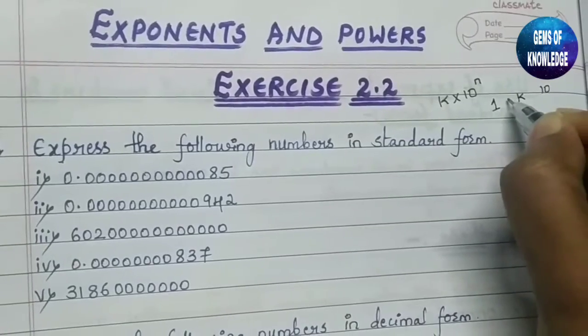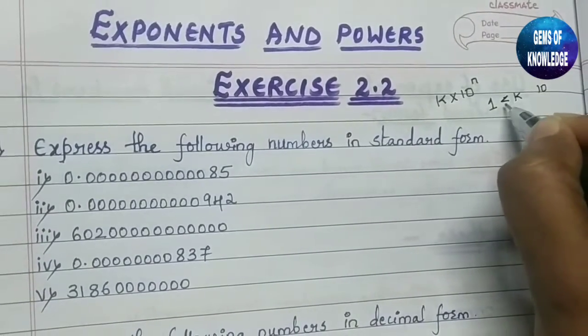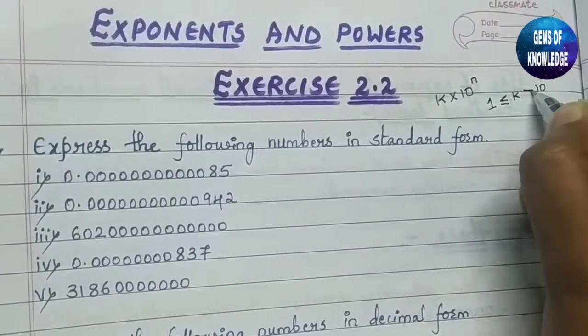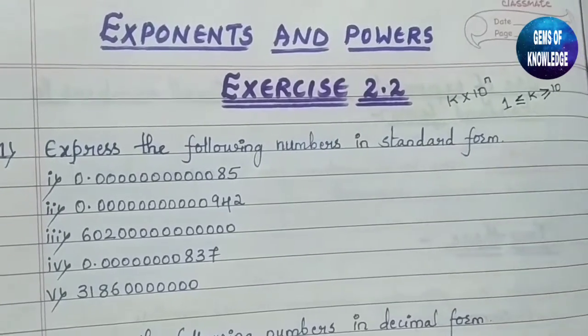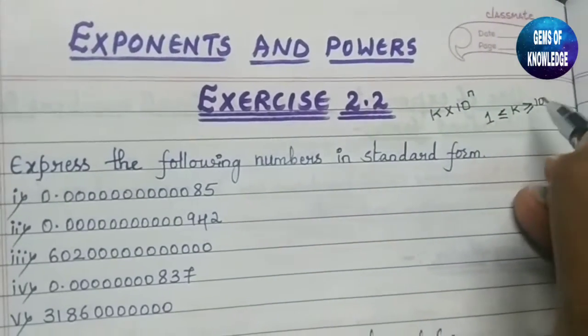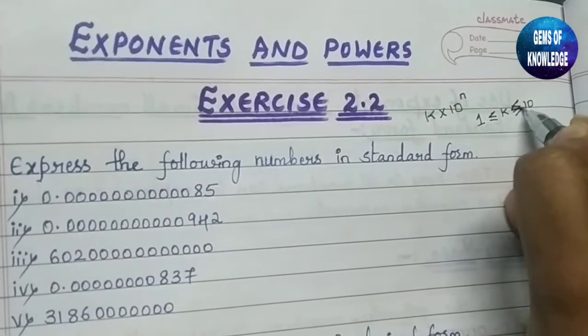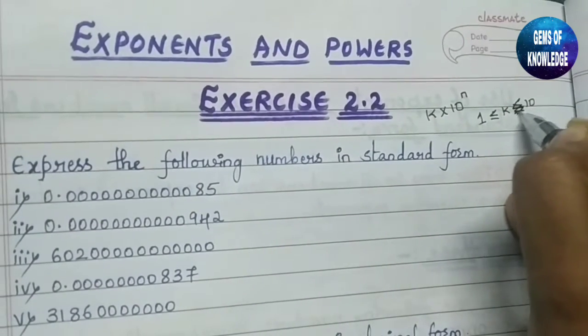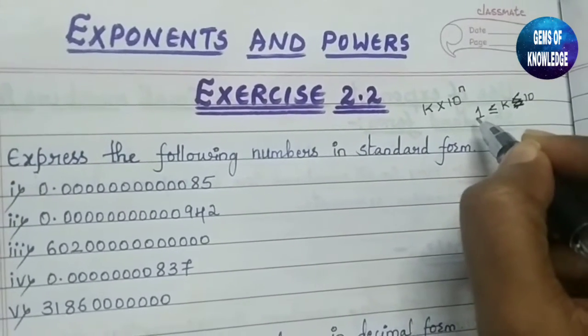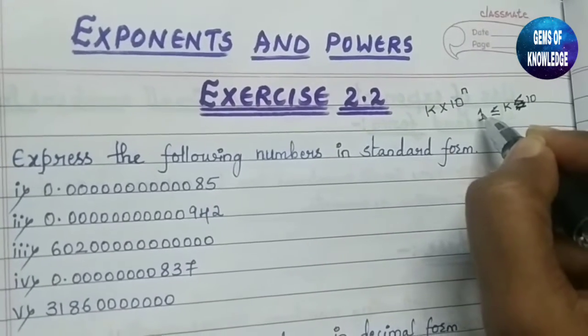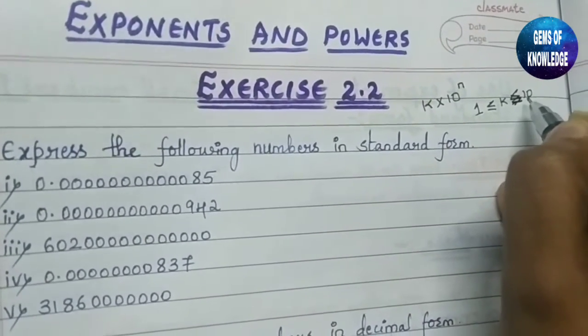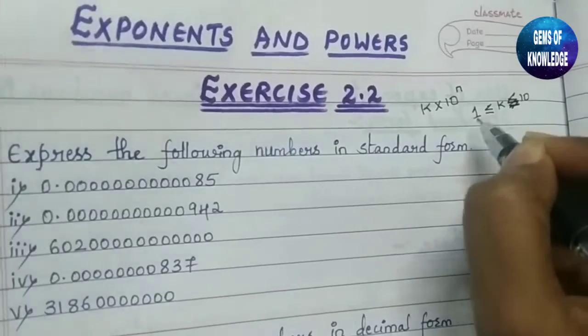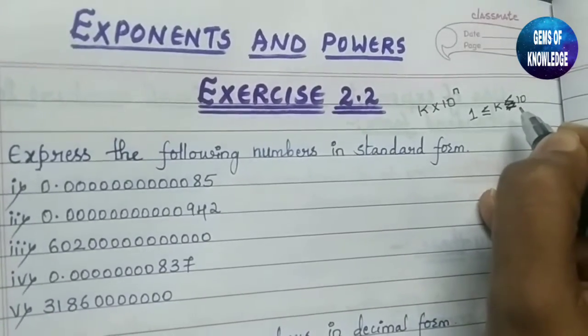Sorry, here it is not greater than or equal to, it is less than 10. Both sides: k must be greater than or equal to 1 and less than 10.